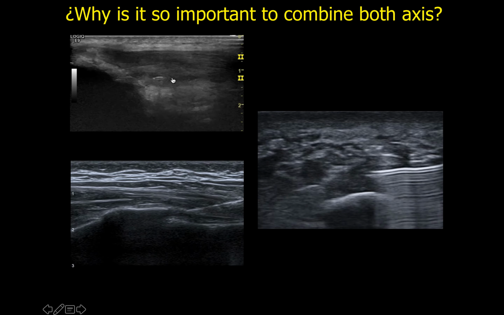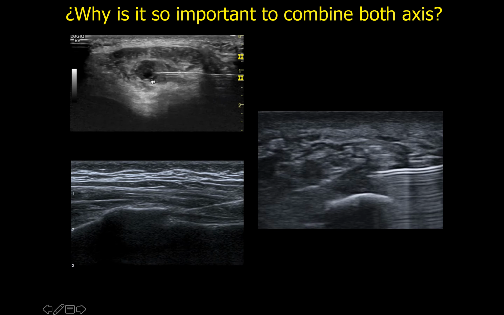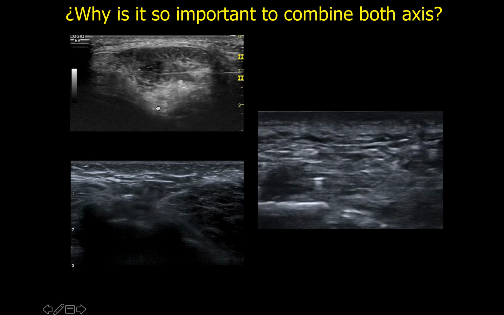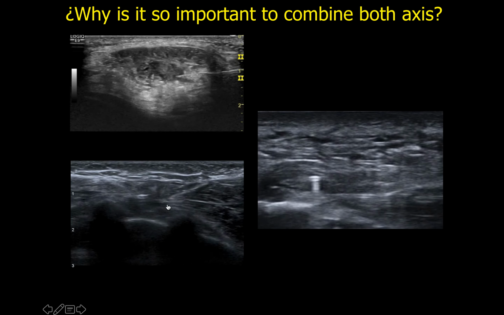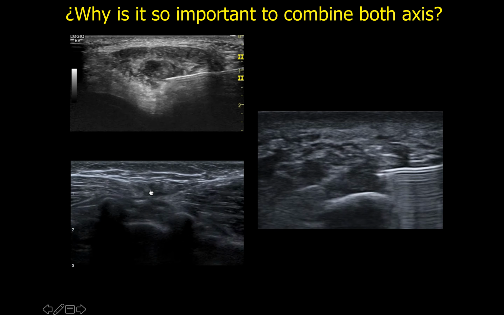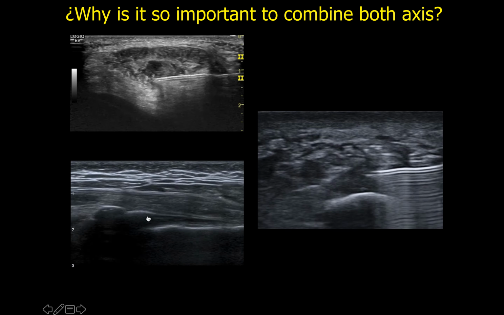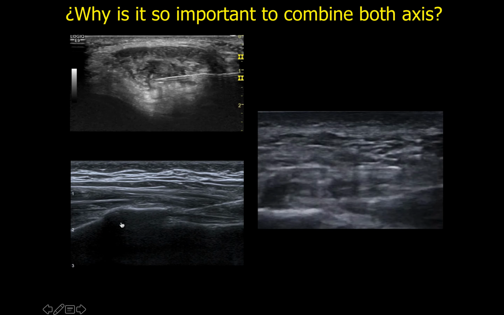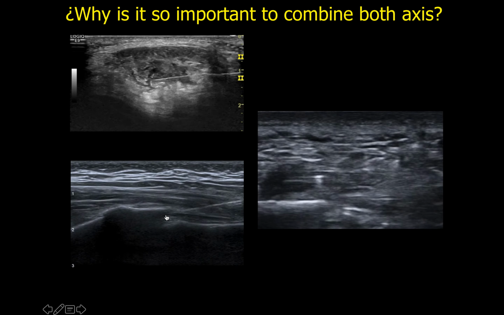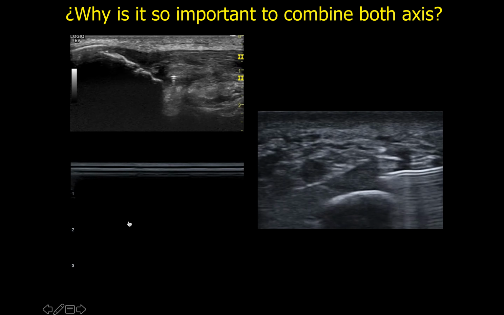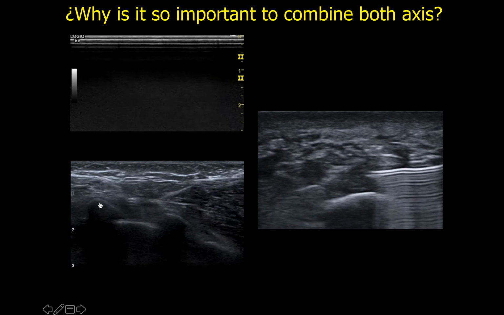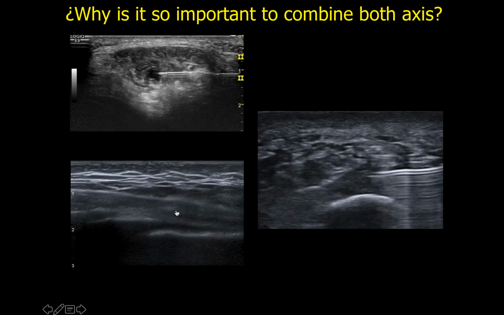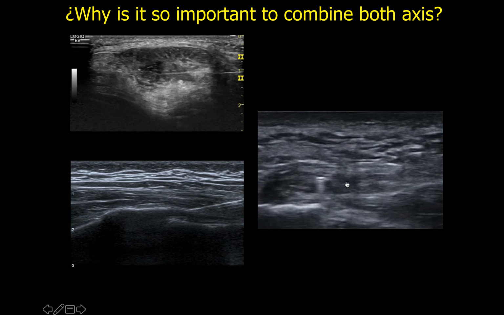We have to rotate the transducer to be sure that we are on the proximal part of the patellar tendon. This is the same in this hiatus sacralis injection. We want to know if we are in the middle, we are going through the ligament inside the hiatus, but if we want to know if we are very centered, we have to control between two views that the needle is correct in both axes.